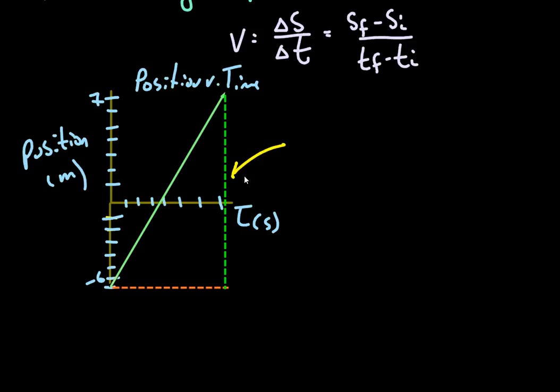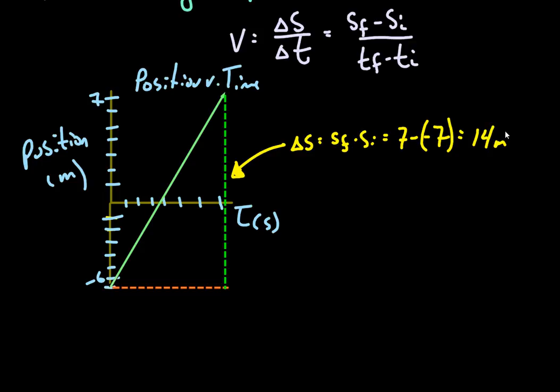So if I look, delta S is represented by this, right? Final minus initial. Or in this case, 7 minus -7, which is equal to +14 meters.